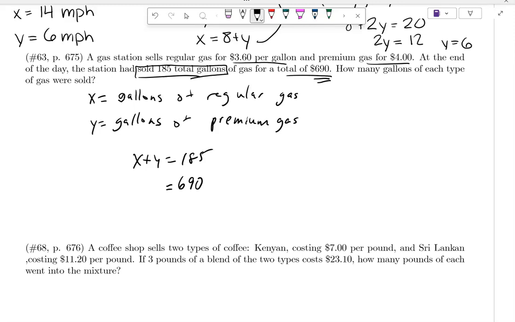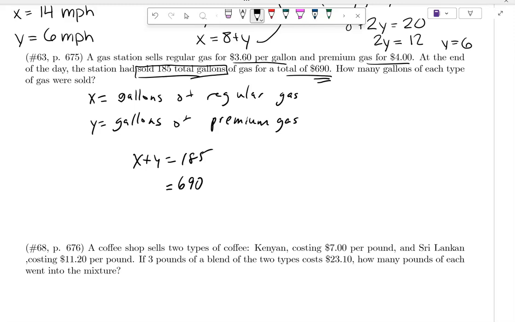Let me ask you this. If you sell 10 gallons of regular gas, how much money did you make? $36, right? If I sold 20 gallons of premium gas, how much money did you make? 80, right? So how did you figure those numbers out? What did you do?